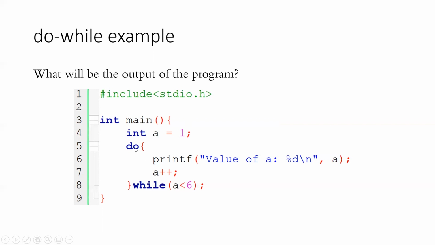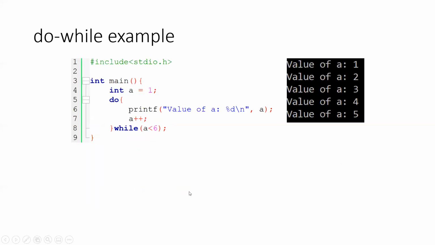And then this is our do while statement. We will print the value of a and then update the value of a, after which we will check or evaluate the condition.